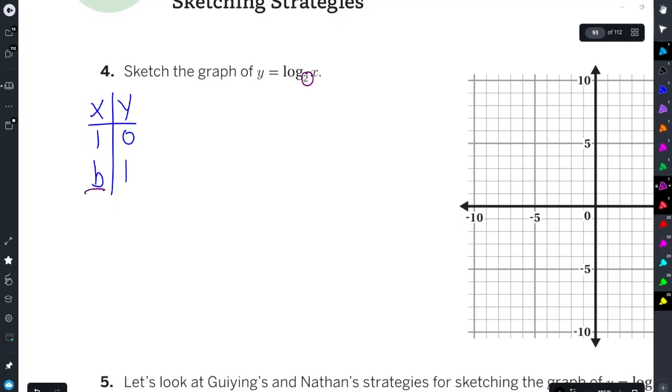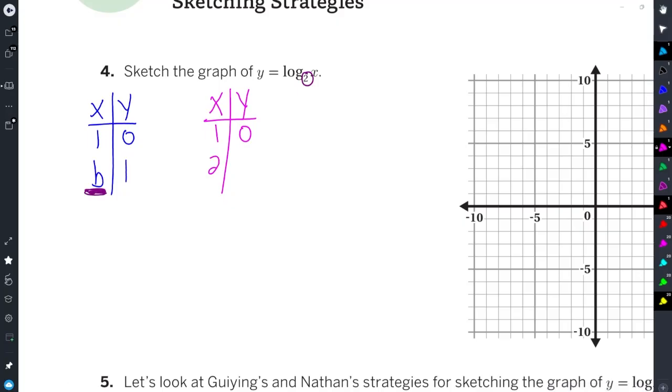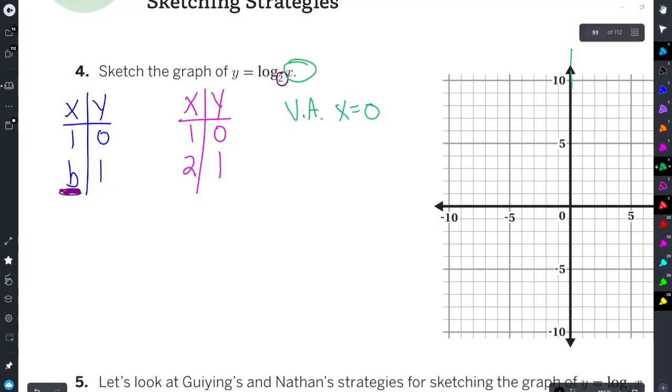That's our base right here. So in this specific example, when we make our xy table, it's going to be (1, 0) and (2, 1). Our vertical asymptote is going to be x equals 0 because we don't have anything being added or subtracted inside the logarithm. So we're going to draw this.